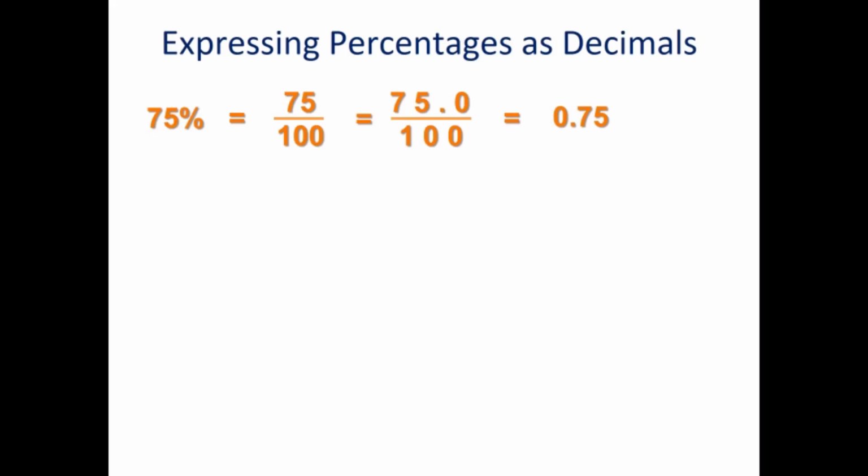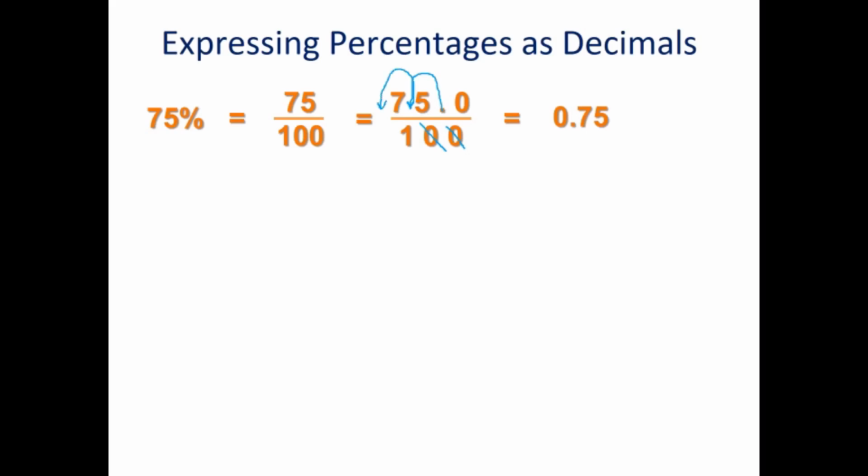Now let me show you something. You can move that decimal point because you're dividing by 100. So cancel out this 0, you move the decimal point to the left, one step. Cancel out the second 0, you move the decimal point to the left again, second step.